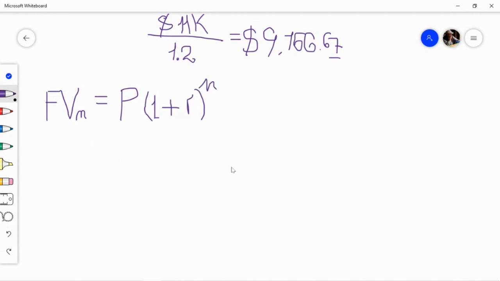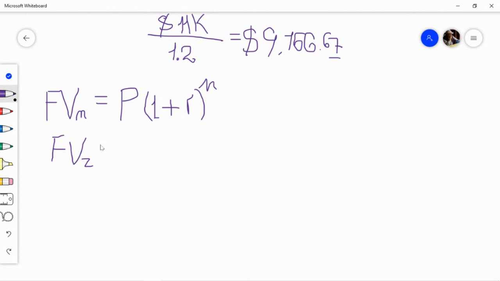That's compounding. Can you repeat that again, Professor? Yeah. Future value at time n is principal times 1 plus r raised to the nth power, right?